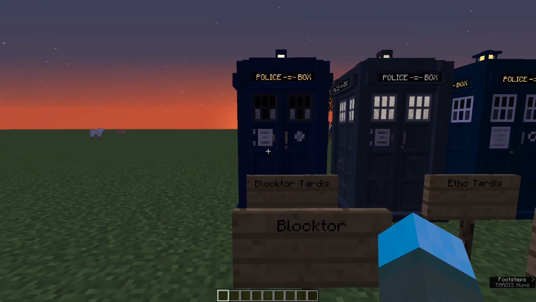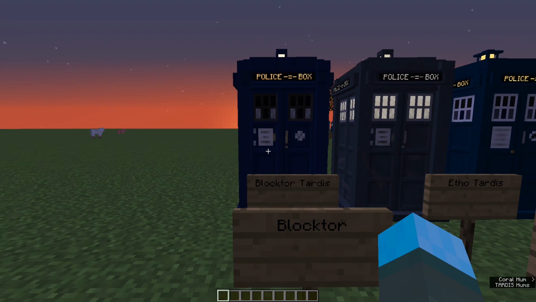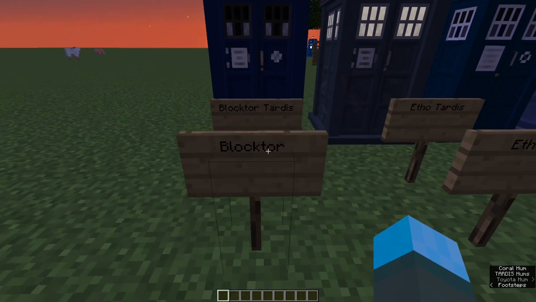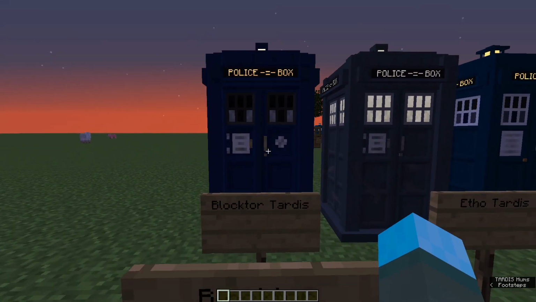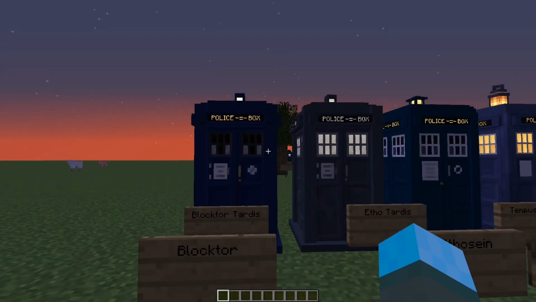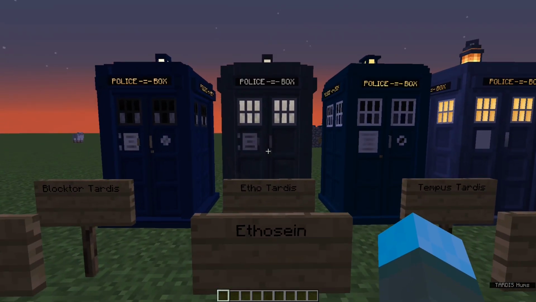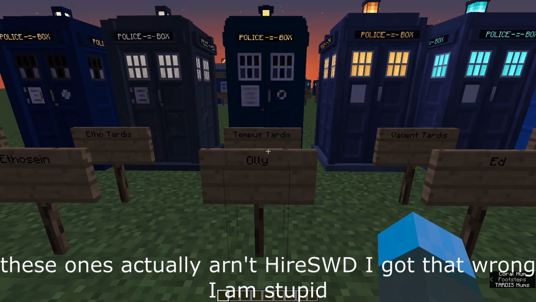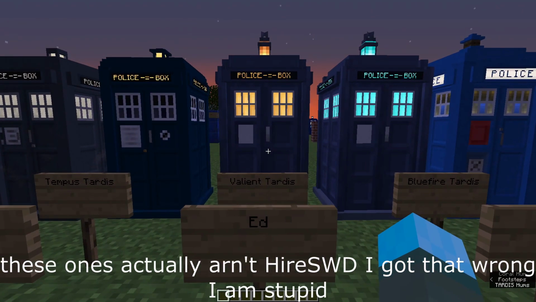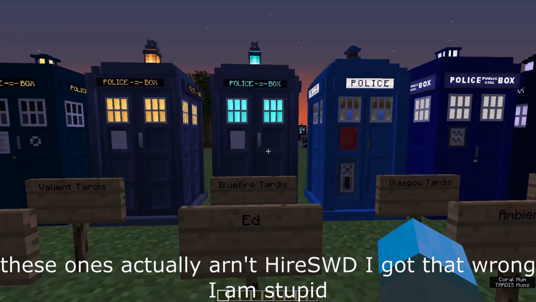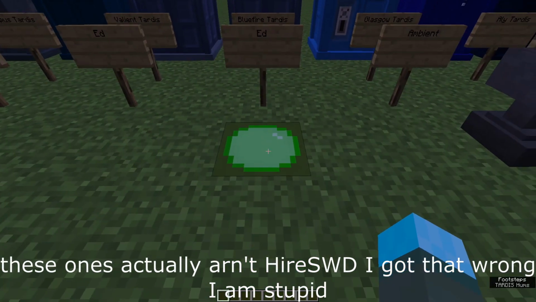Various people got their own items that were username locked, but these people with their TARDISes are specifically not username locked. So here we have Blocked TARDIS, Ethoscience TARDIS or Etho TARDIS, Tempest TARDIS or Ollie's TARDIS, Valiant TARDIS, Ed's TARDIS, Bluefire TARDIS, which is Ed's TARDIS again. It's actually a chameleon cartridge.